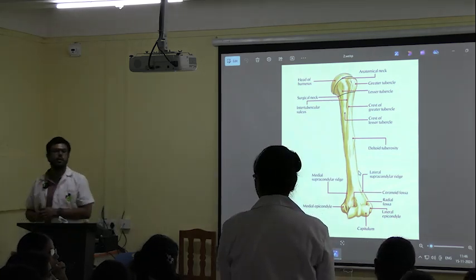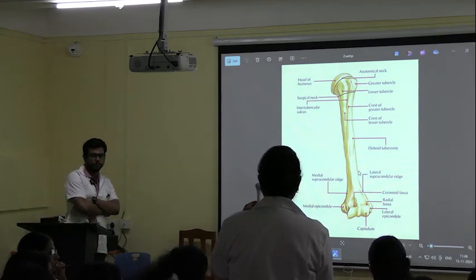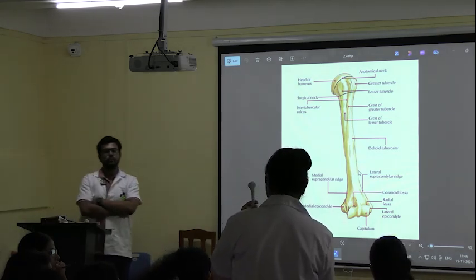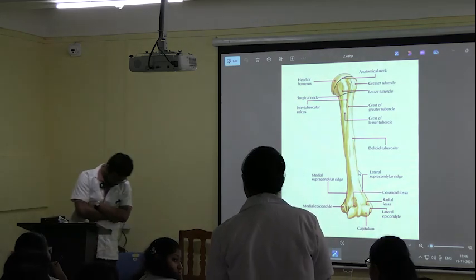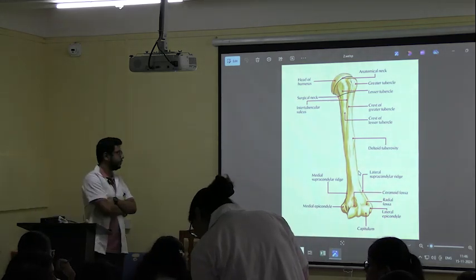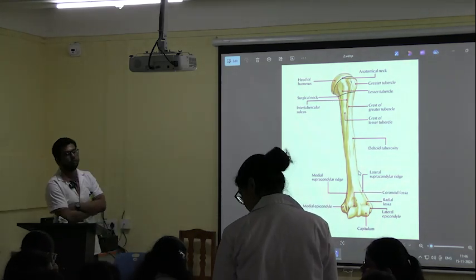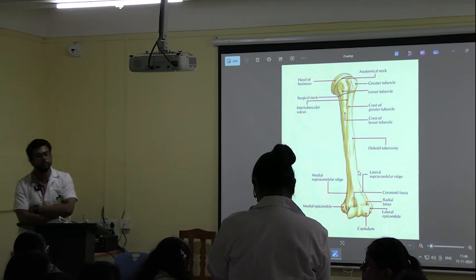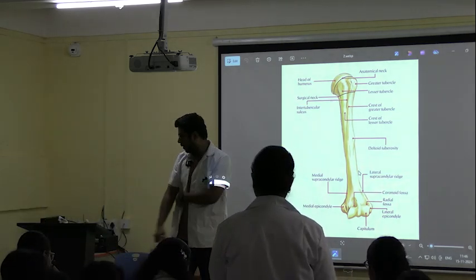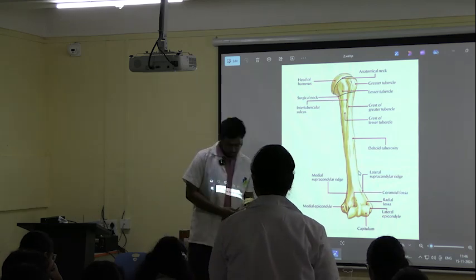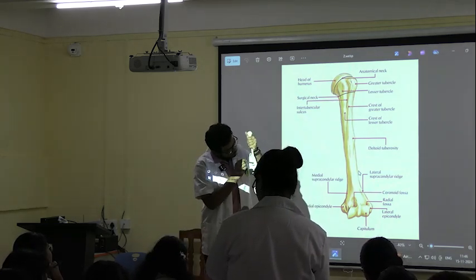It is the head. Olecranon, you can see the points. Olecranon fossa will be located posteriorly. There are two fossae in the anterior part and only one in the posterior part. This is one, only one. In the anterior part there are two, this and this.